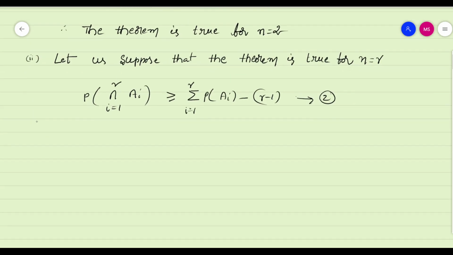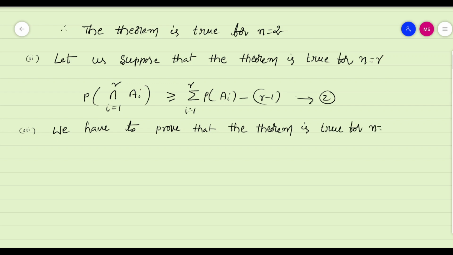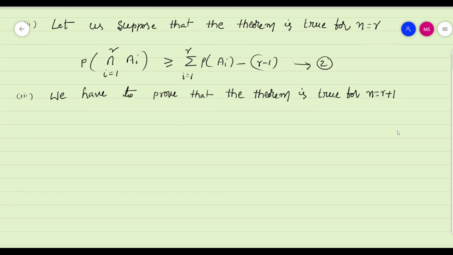Next, the third step of this theorem: we have to prove that the theorem is true for n equal to r plus 1.